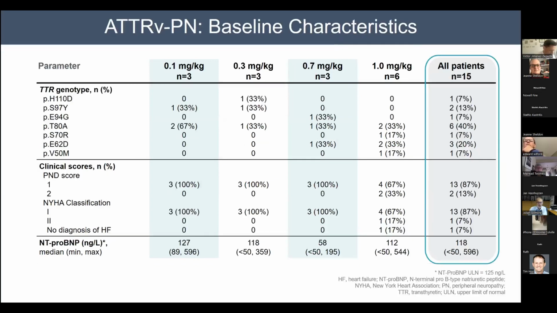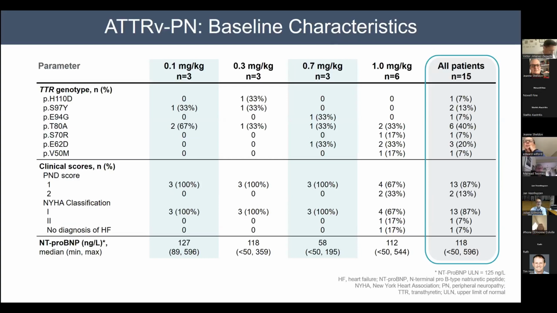And here are the baseline disease characteristics of those first 15 patients. Patients with 7 different pathogenic TTR variants were represented. It's noteworthy that most of these hereditary amyloidosis patients had early stage disease.